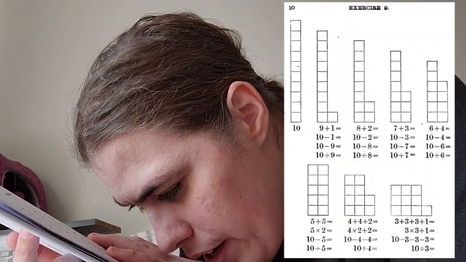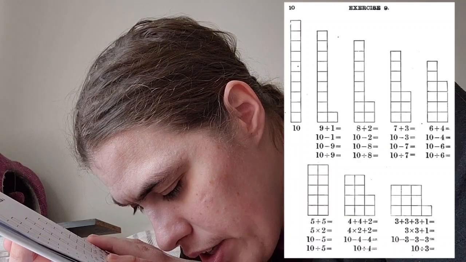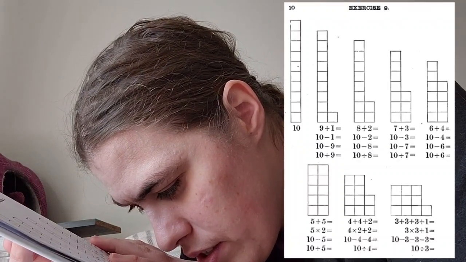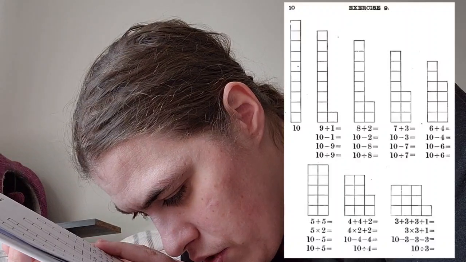7 and 3 are 10. 10 less 3 is 7. 10 less 7 is 3.